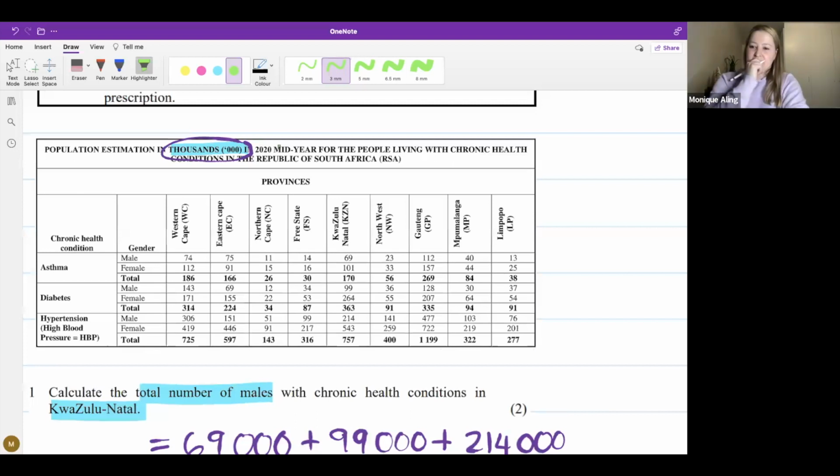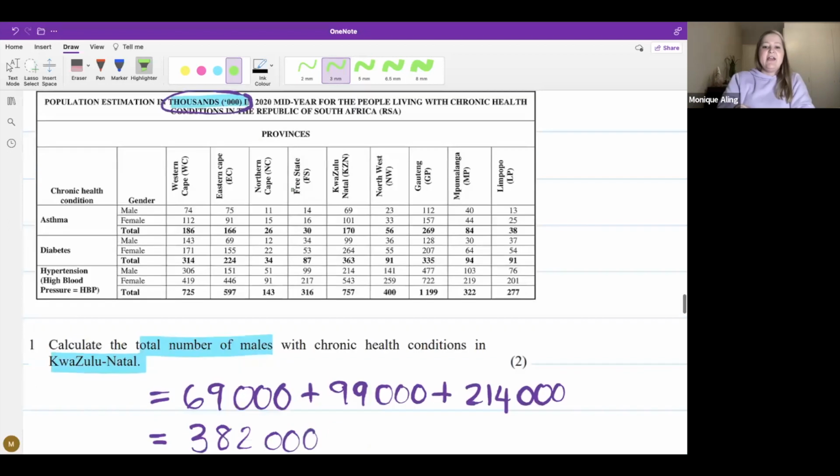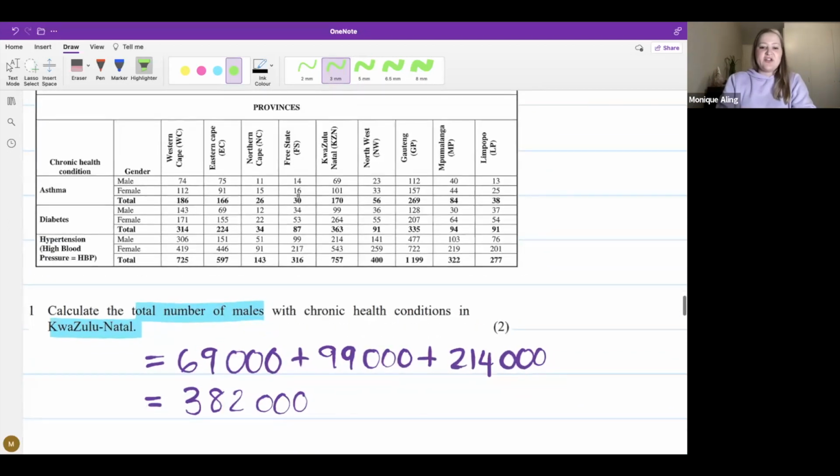The total was 363. Which numbers did you add up? I put 264 divided by 363. Okay, so you took the total of everyone with diabetes. Yes. Okay, let's just quickly go back to the question.